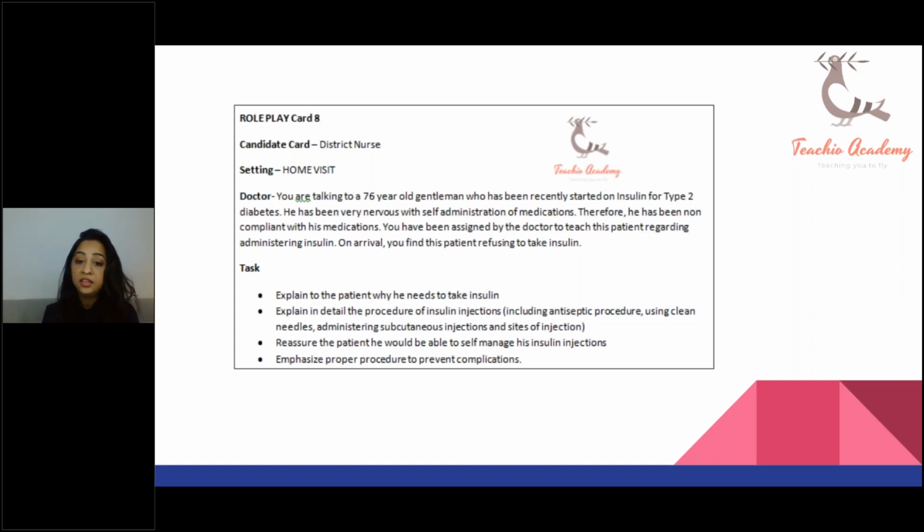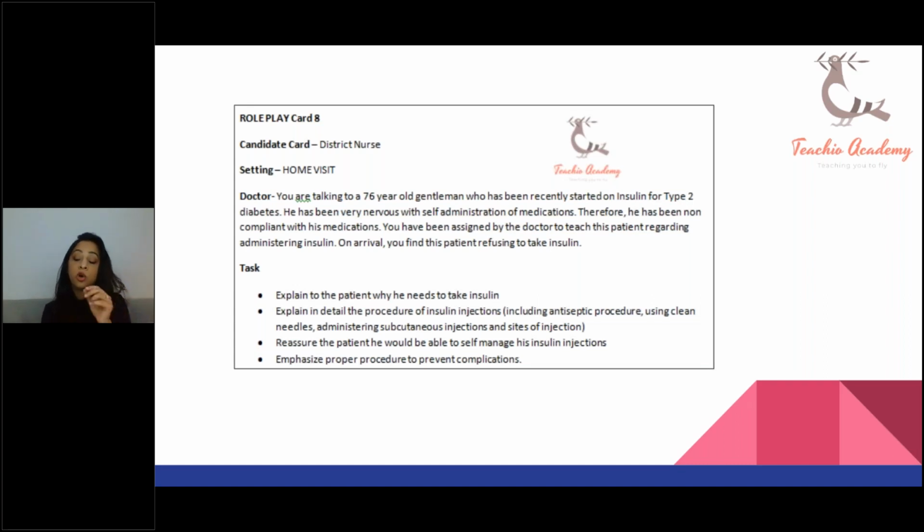You have been assigned by the doctor to teach this patient regarding administering insulin. On arrival, you find this patient refusing to take insulin. And your task is to explain to the patient why he needs insulin, explain in detail the procedure of insulin injections, reassure the patient he would be able to self-manage his insulin injections, and emphasize proper procedure to prevent complications.